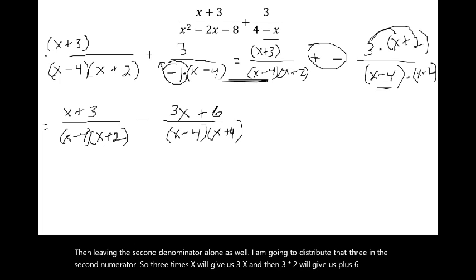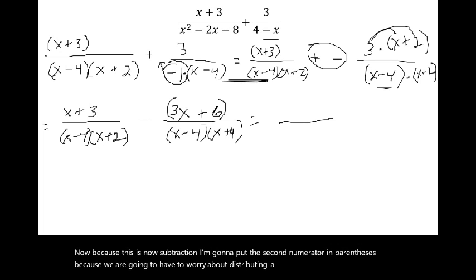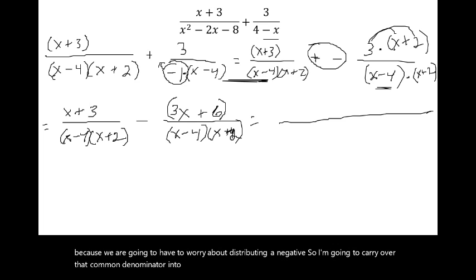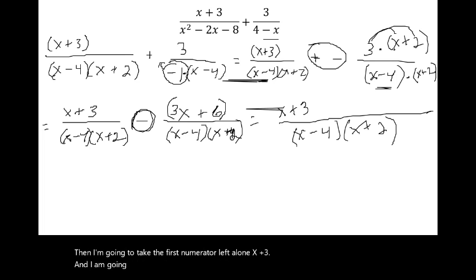Now, because this is now subtraction, I'm going to put the second numerator in parentheses because we are going to have to worry about distributing a negative. So I'm going to carry over that common denominator into my final answer. So I have x minus 4 times x plus 2. Then I'm going to take the first numerator left alone, x plus 3, and I am going to subtract the second numerator, 3x plus 6, with parentheses around it.